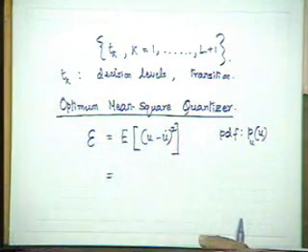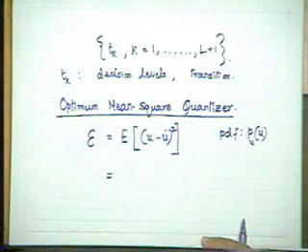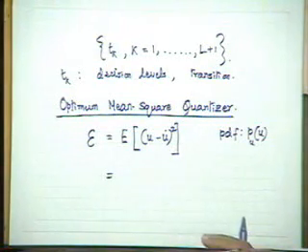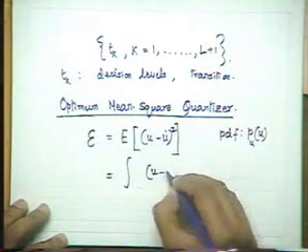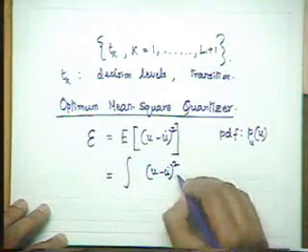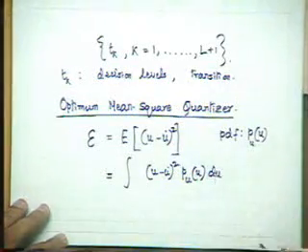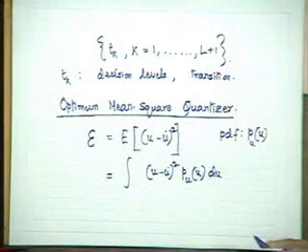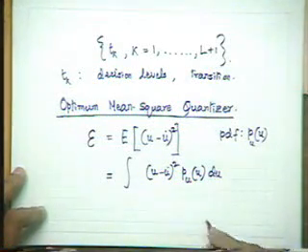My expression will be nothing but an integral of u minus u dot squared multiplied by the probability density function, with the variable u, du. So my expression will be the integral of u minus u dot squared Pu(u) du, and that is going to be within the limits.